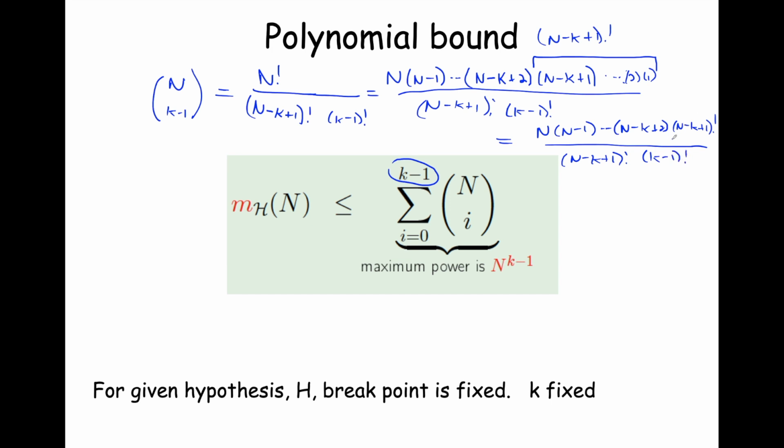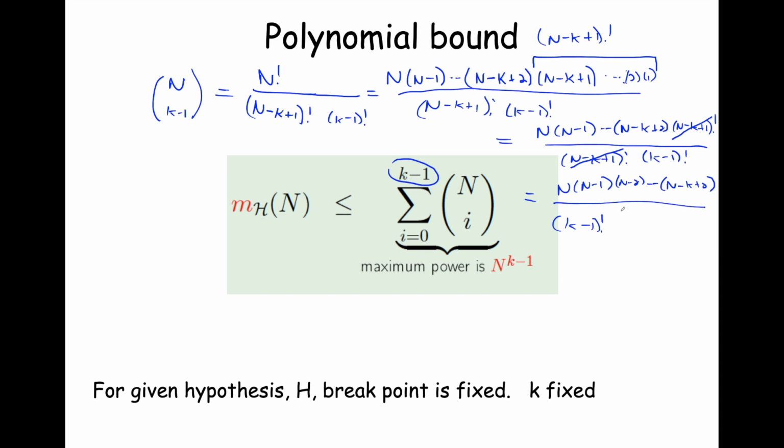These two terms cancel, and we're left with, in the numerator, n times n minus 1 times n minus 2 dot dot dot times n minus k plus 2, over k minus 1 factorial.